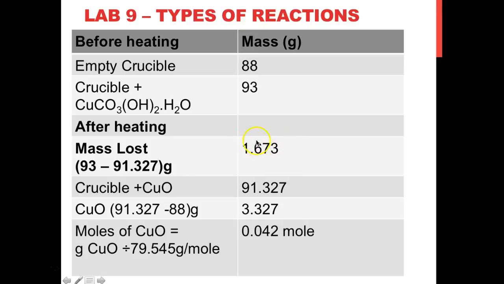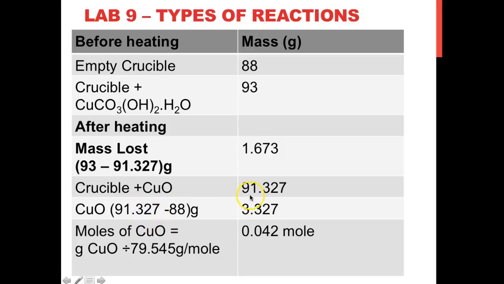So this is the combined mass of the waters and the carbon dioxide that was lost. The crucible and the copper 2 oxide, that was the mass after the heating, was 91.327, all right? So if you subtract this from the 93, you get the mass of the water that was lost, all right?